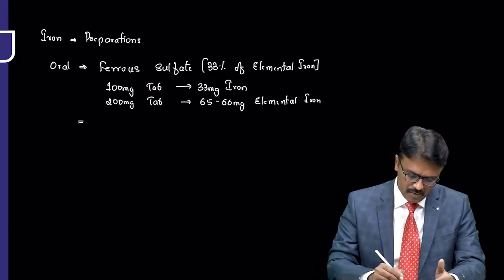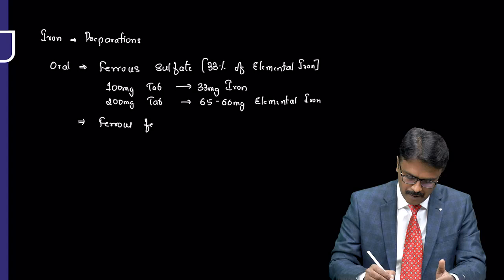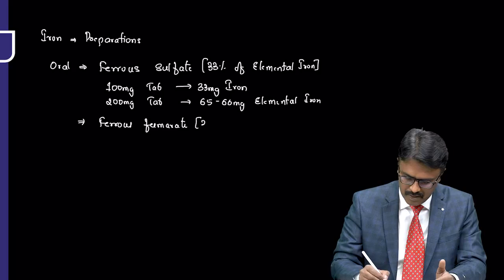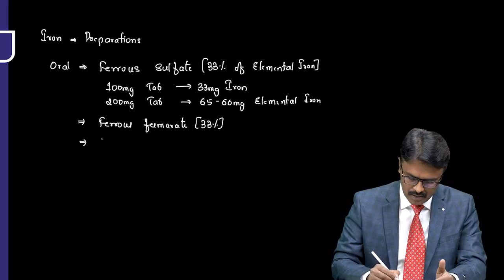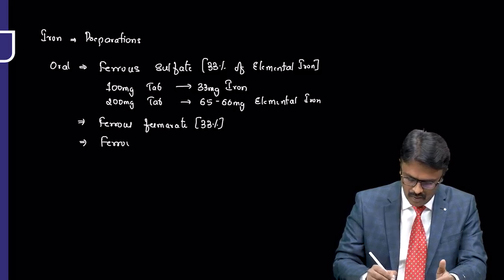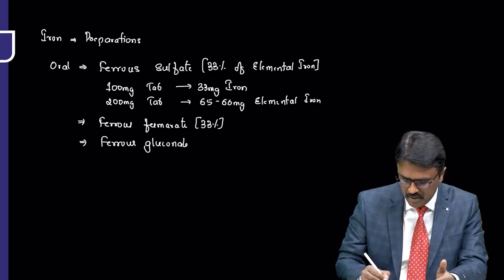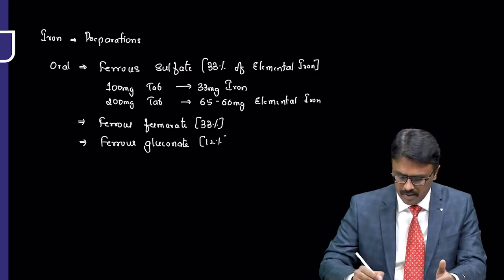Similarly we have ferrous fumarate, which also contains 33% elemental iron. Then we have ferrous gluconate, which has only 12% elemental iron.